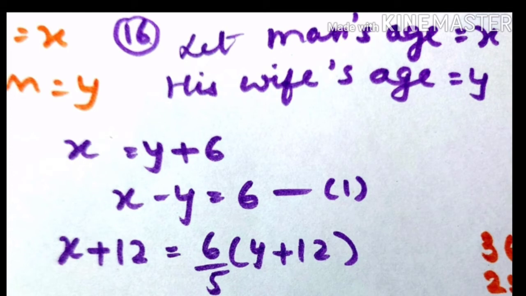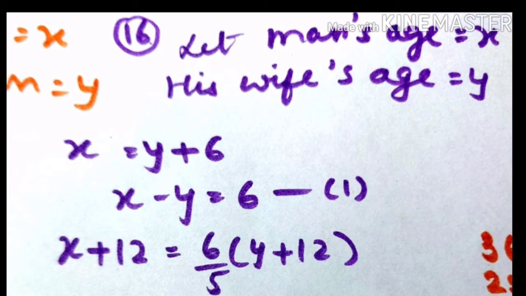Now read further that it is written, but 12 years after his marriage. 12 years after means we have to add 12 to the age of man, that is x plus 12. His age was, man's age, x plus 12 is equal to 6 by 5 of the age of his wife.